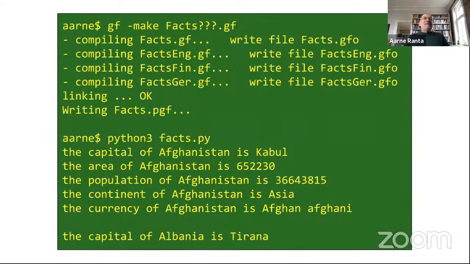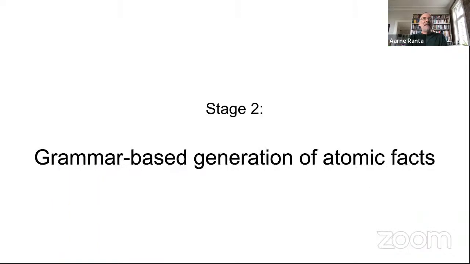So when you then build a system, you build a PGF for all of the facts grammars that you have, and then you run this facts Python, and then you get all of the 200 times 5 times 3 texts. Okay, so that was the template-based generation.